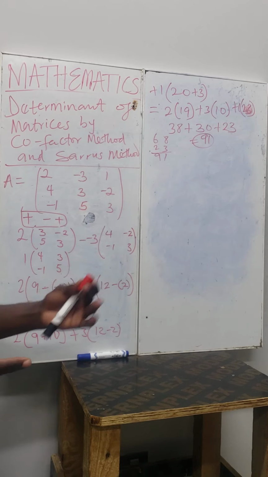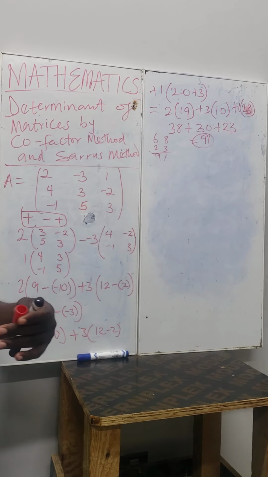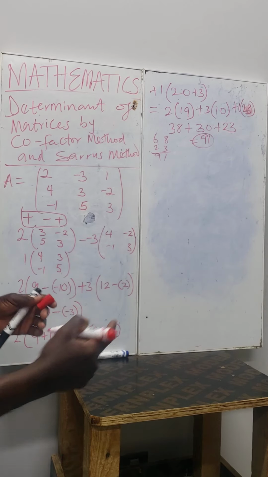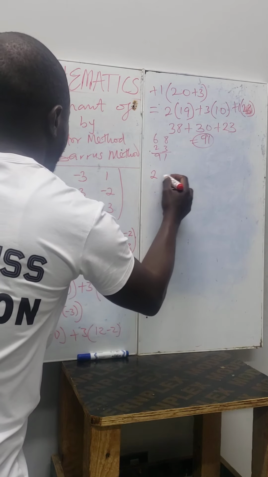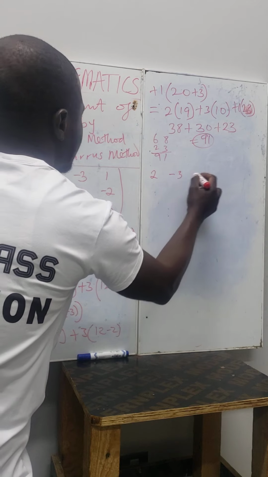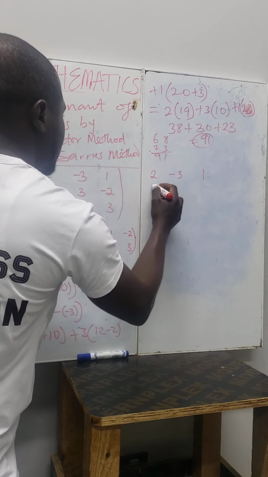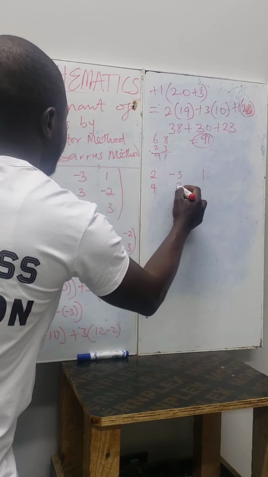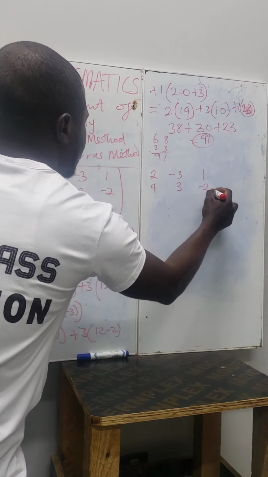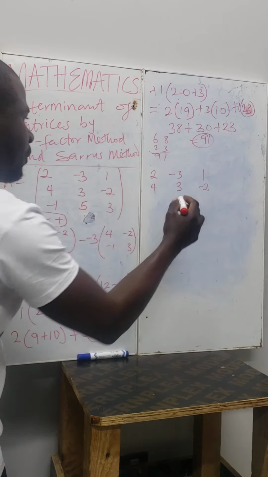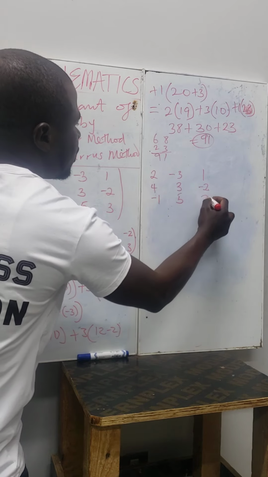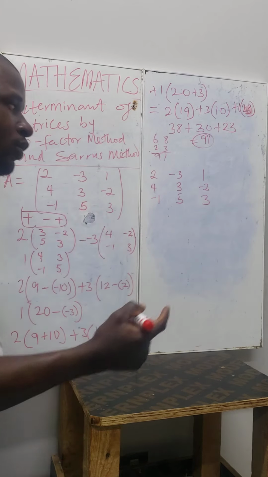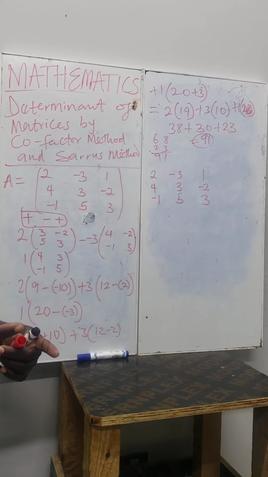Let us now apply the Sarrus method and see if we are going to get the same answer or not. The question again is the matrix with rows 2, minus 3, 1; 4, 3, minus 2; minus 1, 5, 3. We have to apply Sarrus now. The Sarrus method is of this nature.